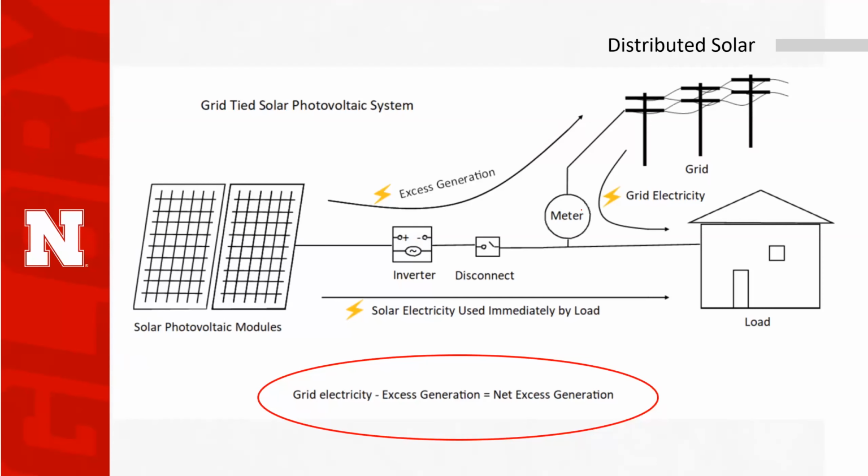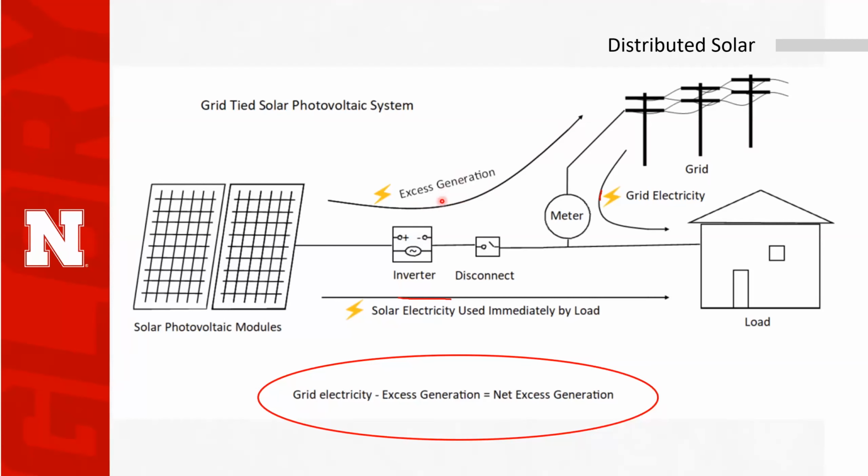A disconnect, a meter, and a load. And there are 3 directions the electricity can go. This one here at the bottom, some of that solar electricity is used immediately by the load. If the solar is not generating enough, some electricity comes from the grid over to here to the right. And then finally, if there is overgeneration, this goes out to the grid and is used by the neighbors.